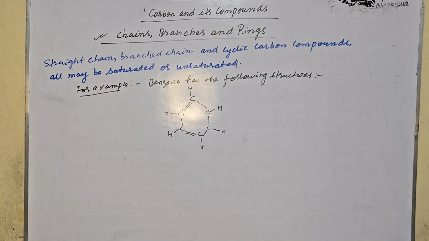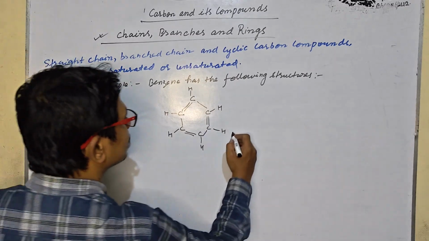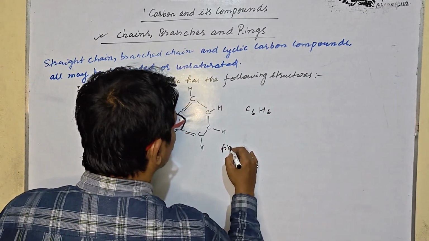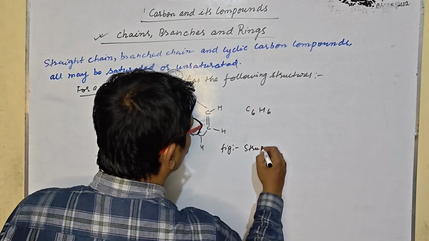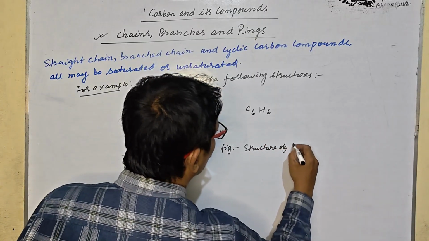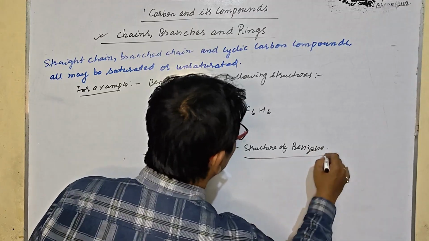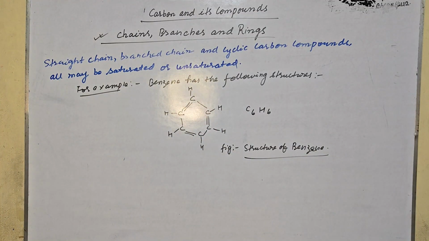So this is the structure of benzene. This is C6H6, and this is the figure structure of benzene. So we are going to discuss all the things about the chains, branches and rings of different carbon compounds.